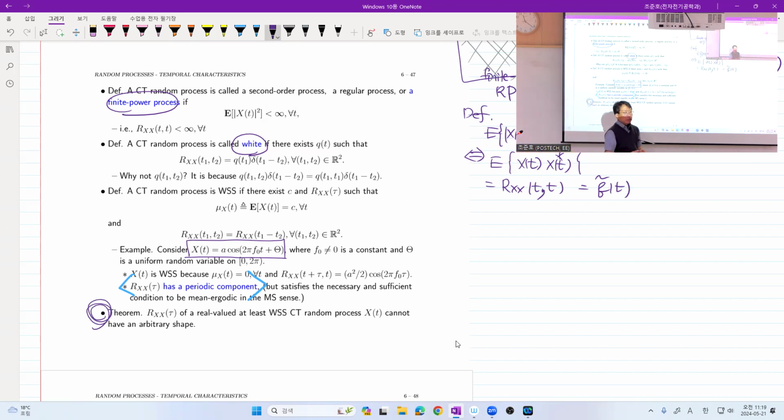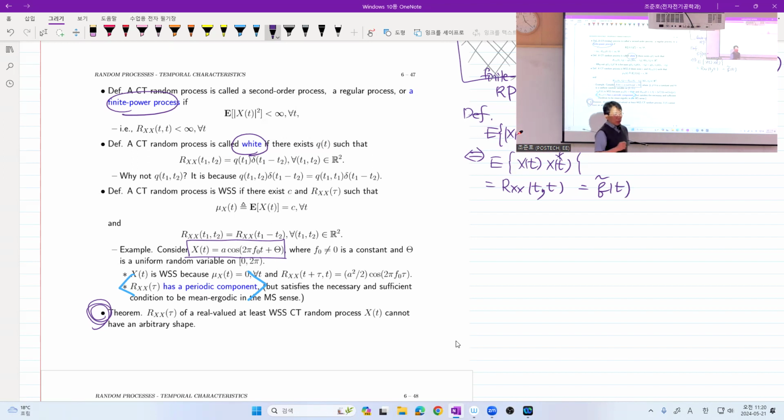The autocorrelation function of a wide-sense stationary random process cannot take an arbitrary shape. And this shape becomes more clear after we study the power spectral density. But at this moment, just keep in mind that the autocorrelation function cannot be of arbitrary shape.